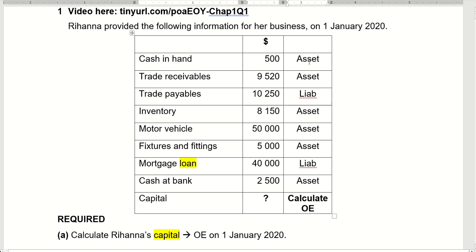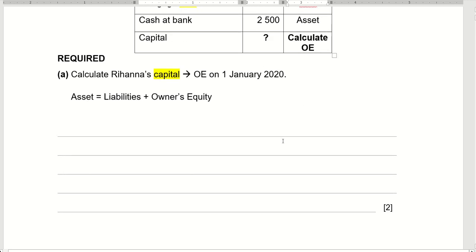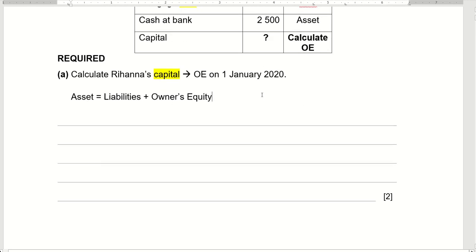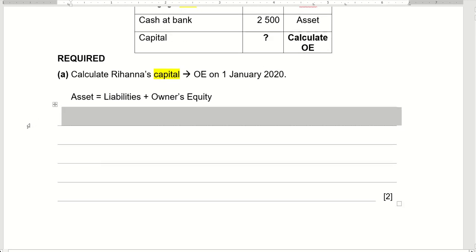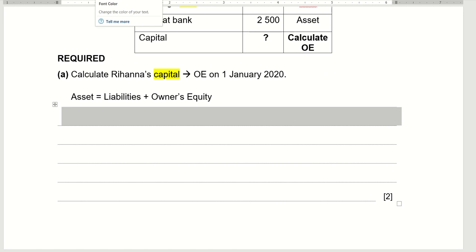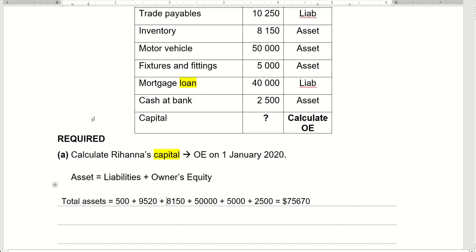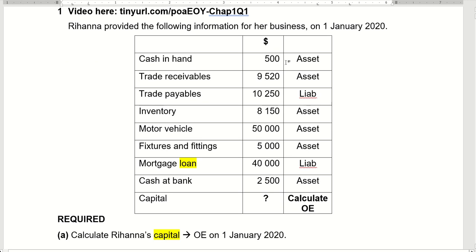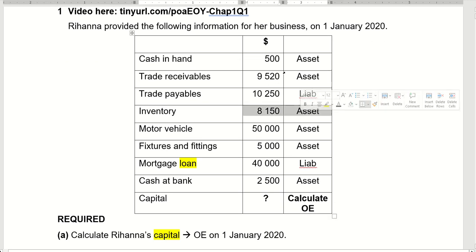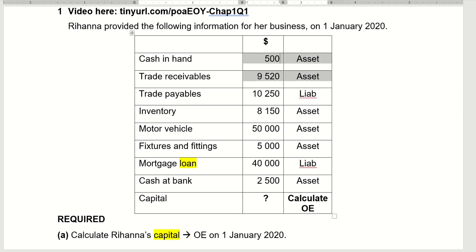So after you do the classification, you can go on and calculate the total asset and the total liability. Number 1, my total asset. I will list down all of these asset values that I'm highlighting now in green.